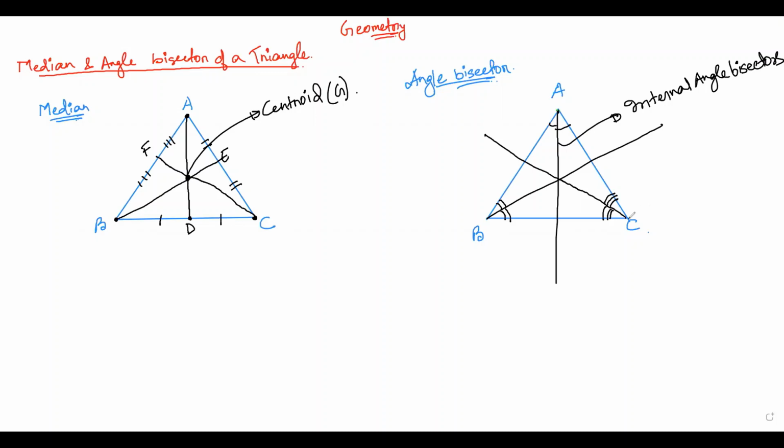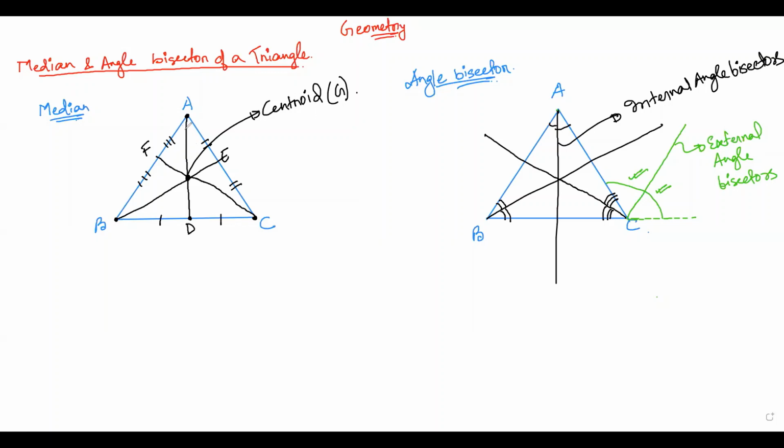For example, if we consider the exterior angle C, then the line which divides this exterior angle C into two equal halves will be termed as an external angle bisector. In a similar way, we can have the external angle bisectors for angle A and for angle B as well.